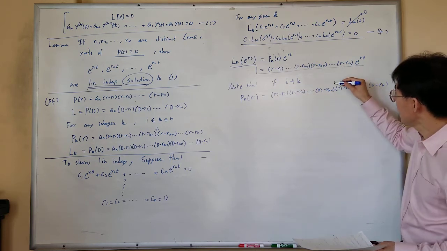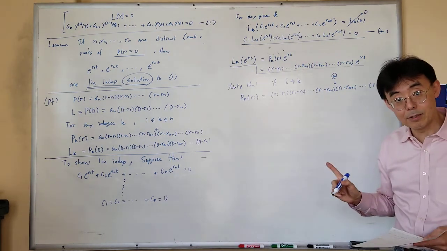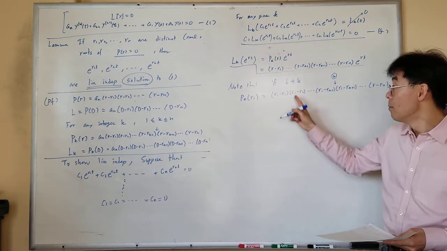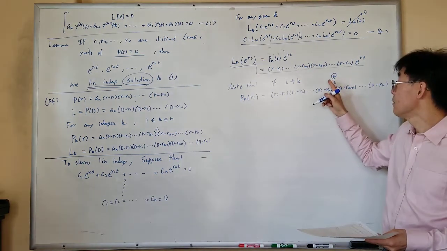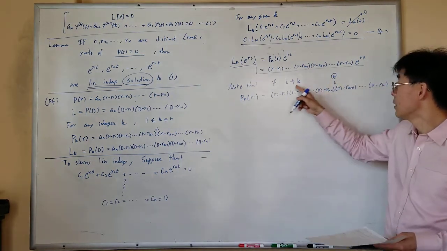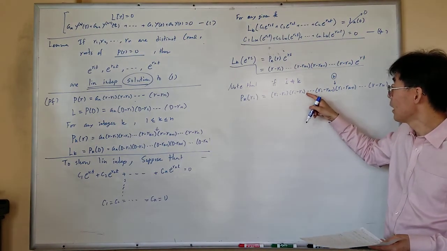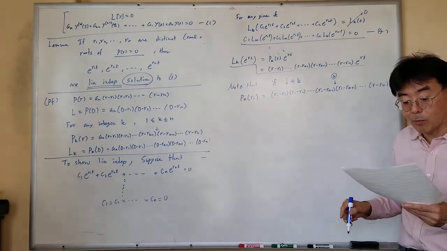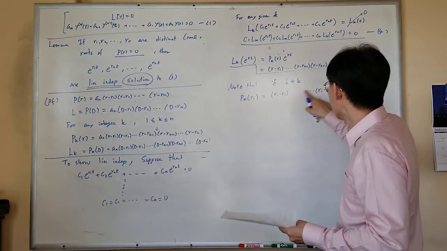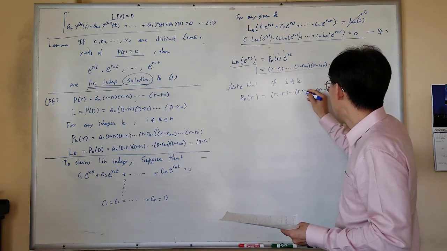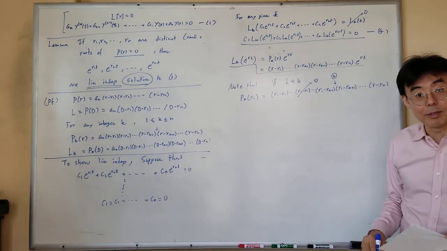Here only the kth factor is missing. But if i is not the same as k, the i factor will show up somewhere. Somewhere you will hit r_i minus r_i, and it equals 0.